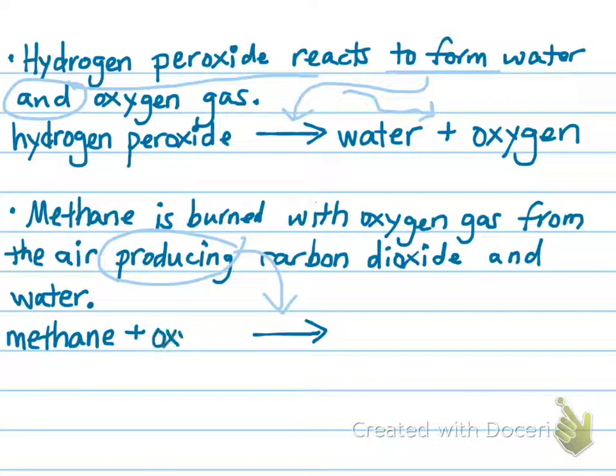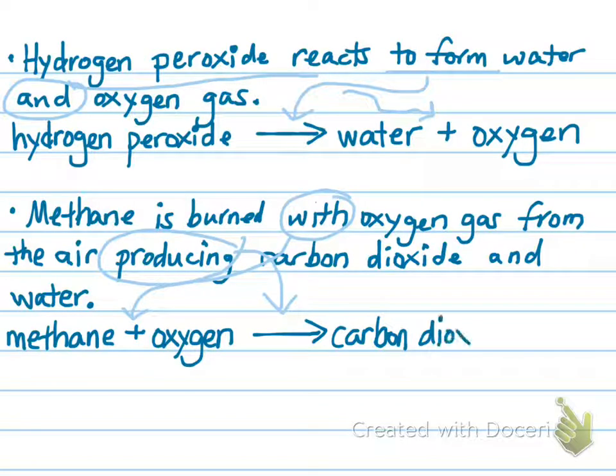All that's important to me here is the oxygen. So the with became my plus. Producing carbon dioxide and, that's a plus, water. So my and became my plus. So that's another example of a word equation.